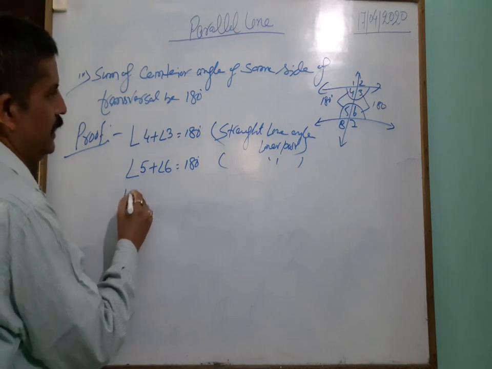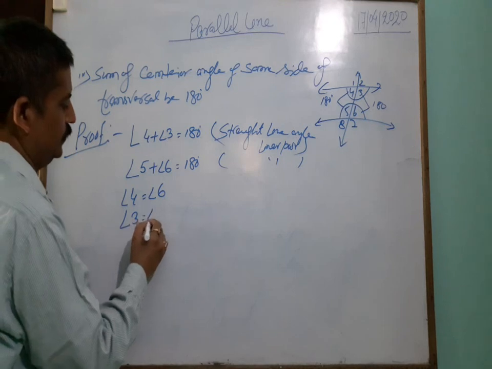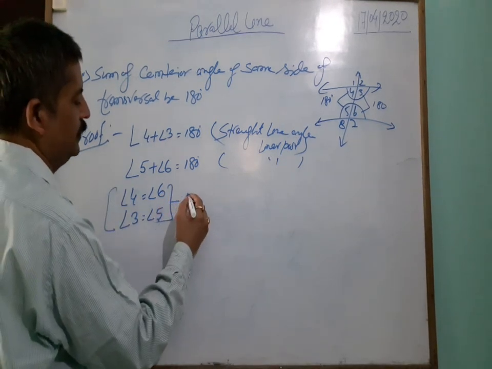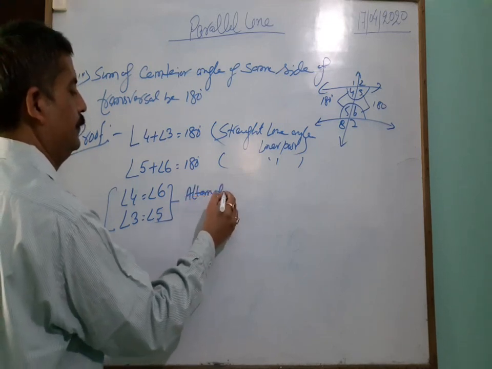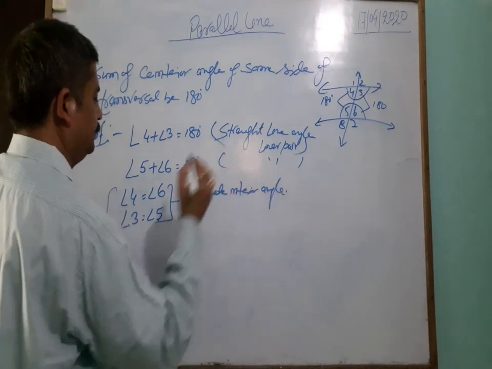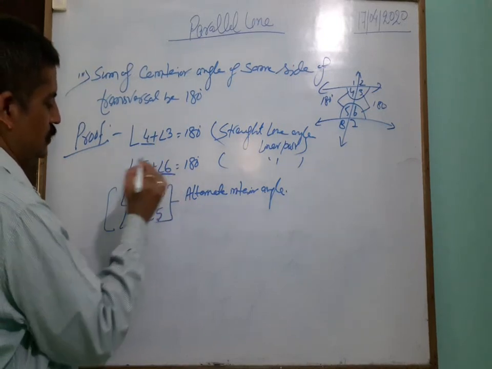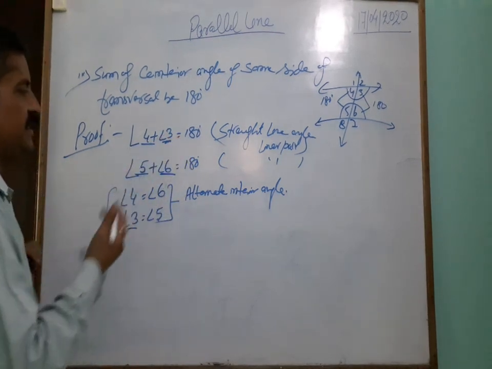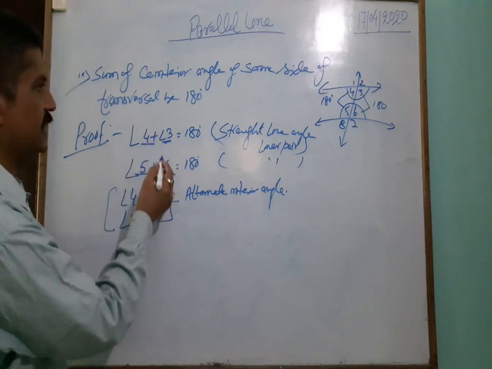Angle 4 equals angle 6 and angle 3 is equal to angle 5, as proved above; those are the alternate interior angles. So 4 equals 6, 3 is equal to 5. Either we change 4 plus 3 or 4 plus 5.